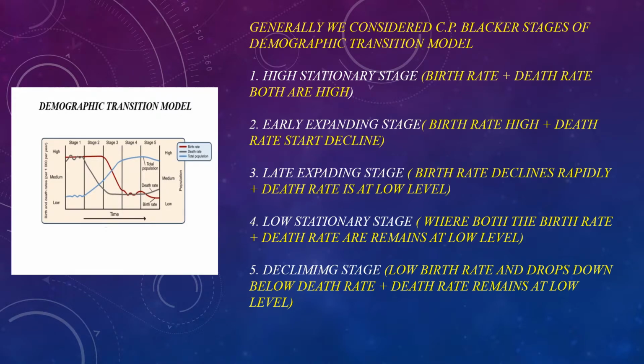In the fourth stage, both birth rate and death rate remain at the low level, but in the declining stage, the birth rate and death rate both are at low level, but birth rate drops down below the death rate.